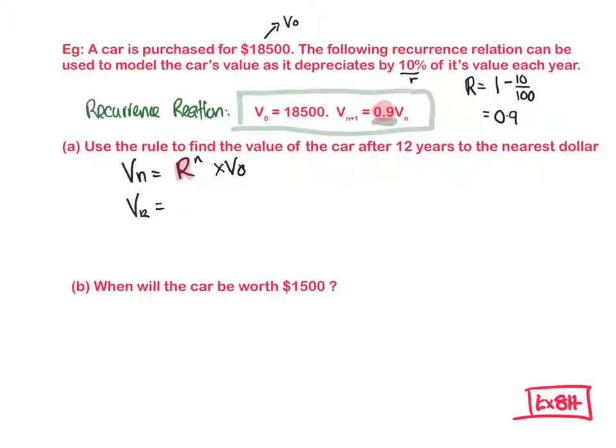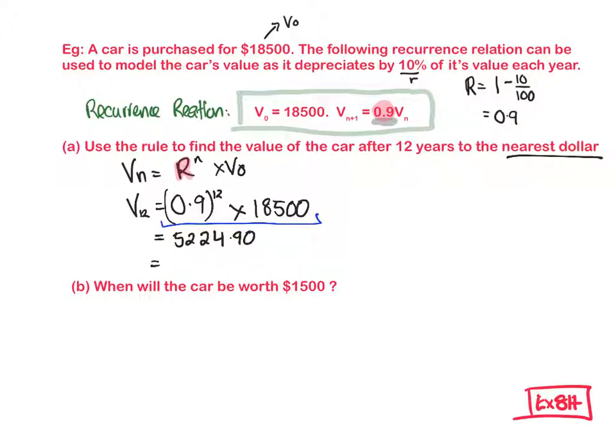So I'm going to do 0.9 to the power of... what's n in this case? I've changed it now, 12, good, times V0, which is 18,500. You just pop that in on your calculator. You only have to type this bit in, and then you get 5224.90. It said to the nearest dollar, so I'm going to state my answer over here. I'll go 5225, and I'll put a box around it so that the examiner knows that's your final answer.